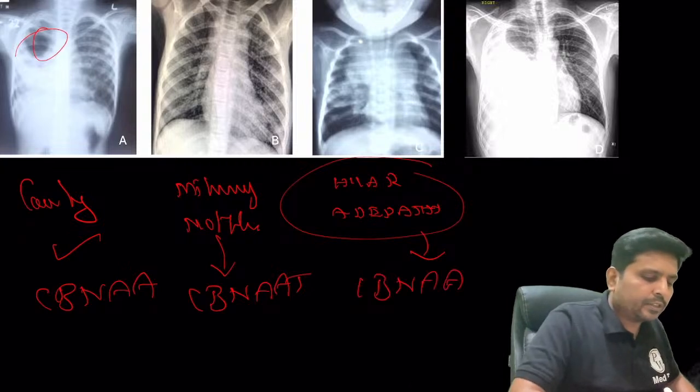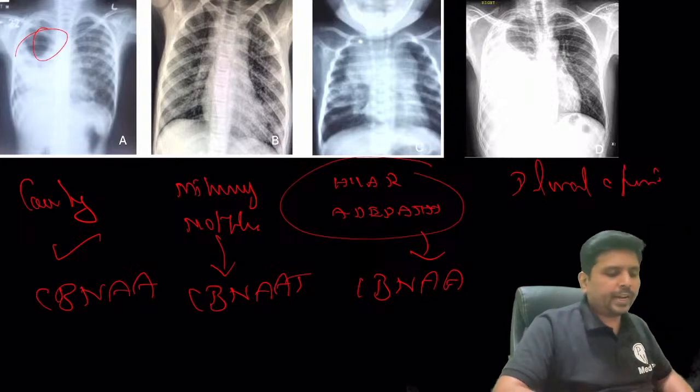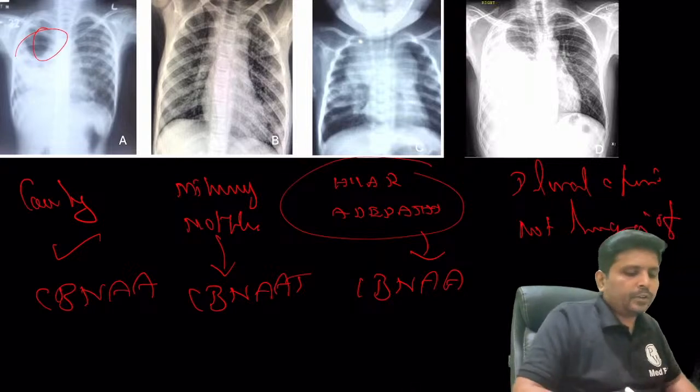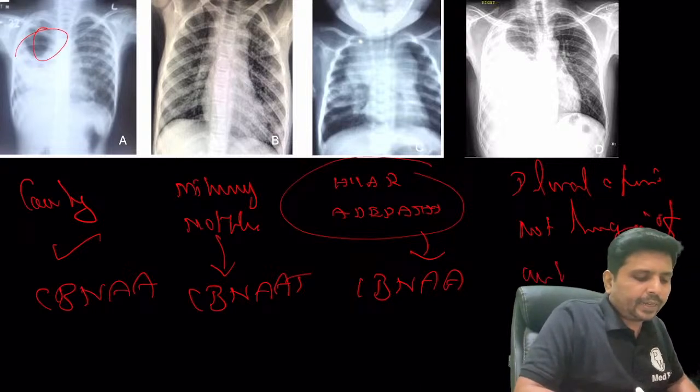What is this? This is pleural effusion. Okay. Pleural effusion is not suggestive of TB, so here you can try antibiotics.